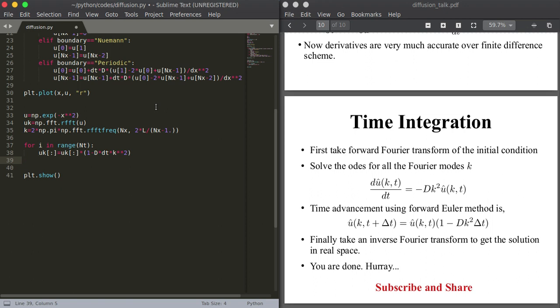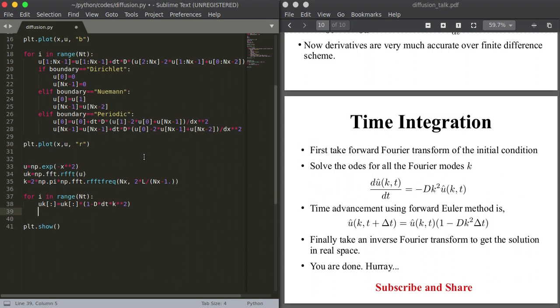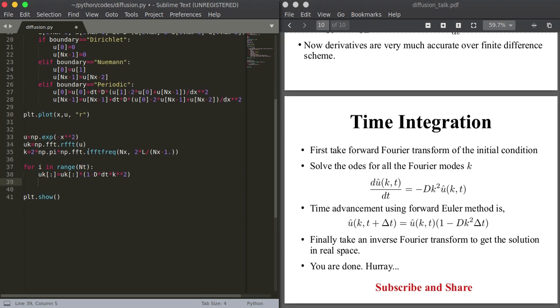In the finite difference case I have to treat the boundary points individually and in a separate way, but here in the Fourier basis the periodic boundary condition is already imposed. So I'm not writing anything here about the boundary condition.